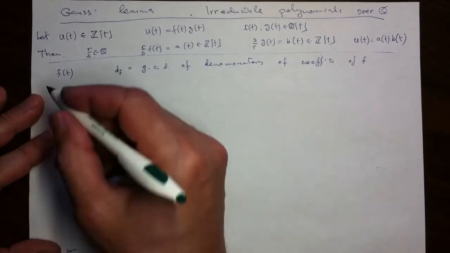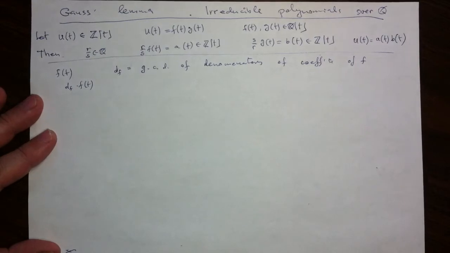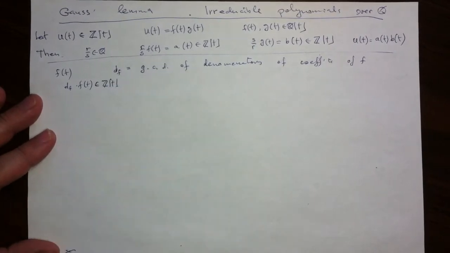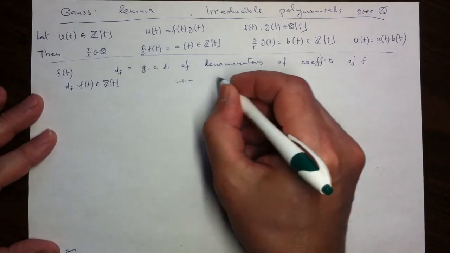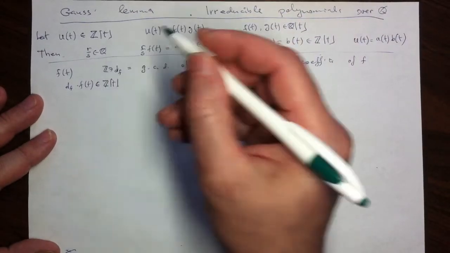And the property of this number is that if we multiply it by our polynomial, the result will be an all integer coefficient polynomial. We just clear the denominators in f. And the same way, analogously, we define the number, by the way, it's an integer.